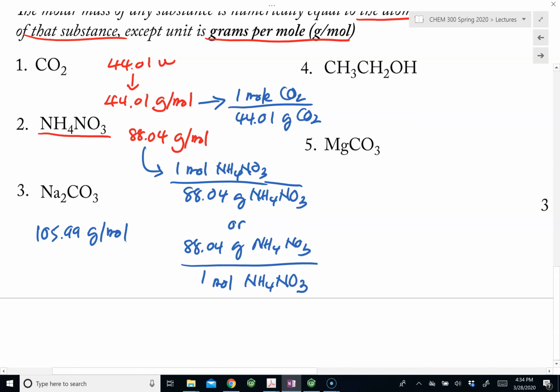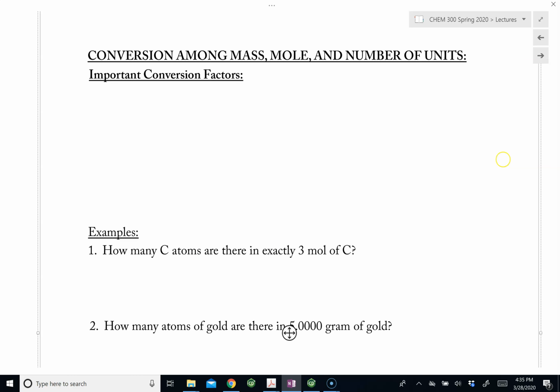That would be the molar mass of sodium carbonate. And as for number 4, the answer would be 46.07 gram per mole. And for number 5, 84.31 gram per mole. So these are the molar masses of these different substances.